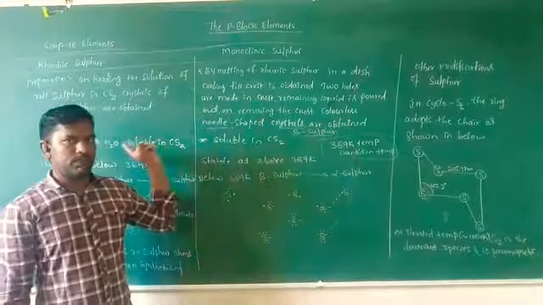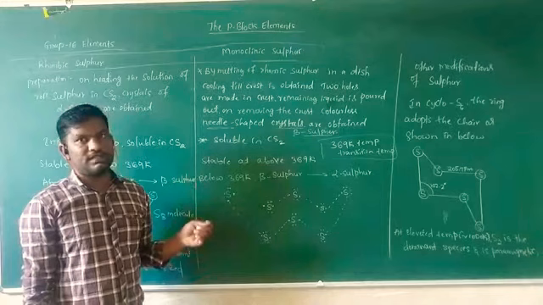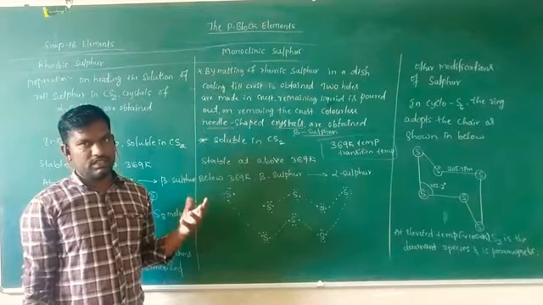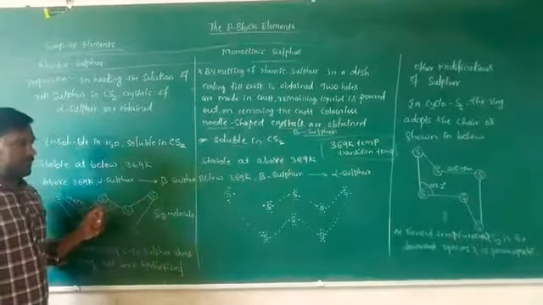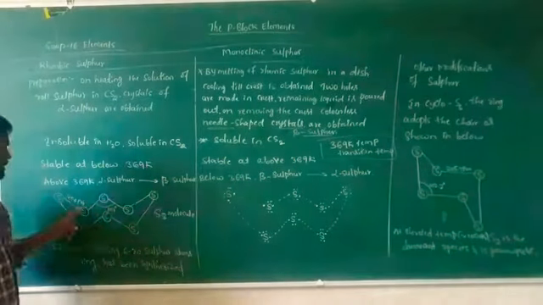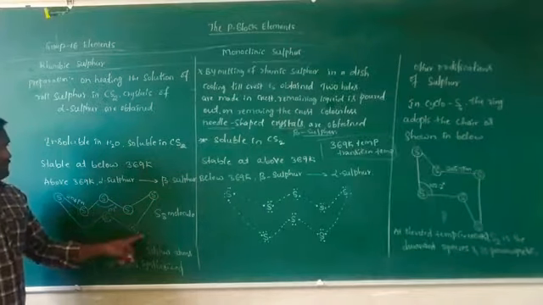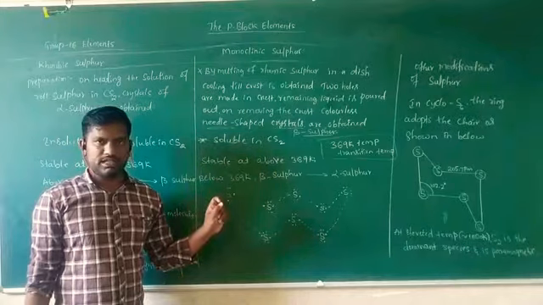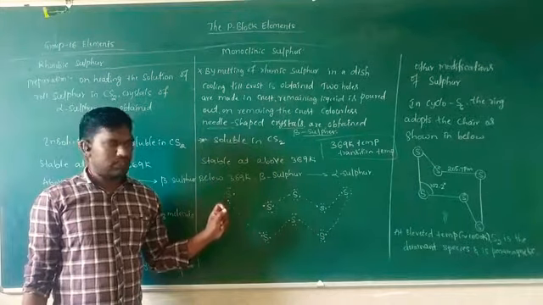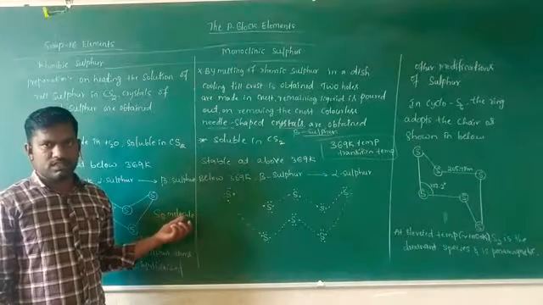But actually both alpha and beta sulfur have the same structure, S8 molecules. It means in their structure there are 8 sulfur atoms: 1, 2, 3, 4, 5, 6, 7, 8. Both have the same S8 molecule structure, and they look like crown structures.